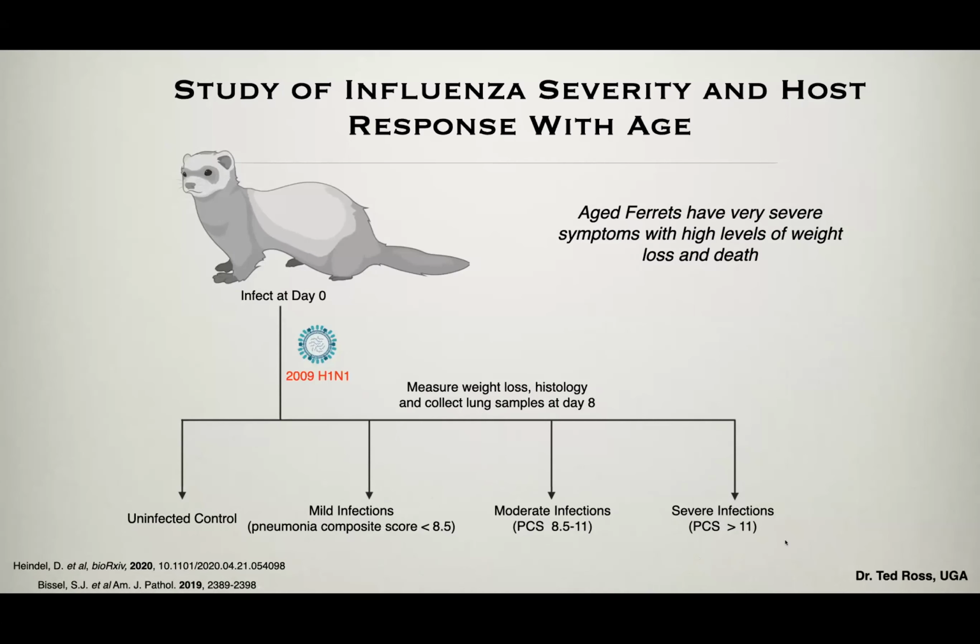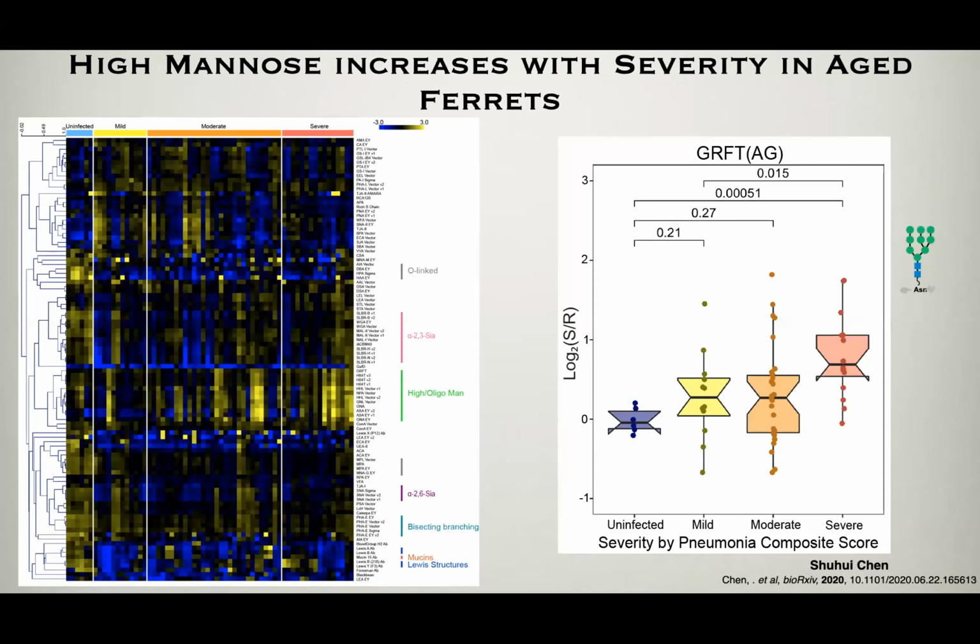And we looked at their glycosylation patterns upon infection. For time, I'm not going to go through all of the other things, but what I am going to show you is that you can see here's mild, moderate, severe. You can see a real pneumonia composite score dependent, severity dependent increase in High-mannose, as indicated by Griffithsin. And you'll also notice a couple of other High-mannose lectins here, but also here's HHL and here's GNA.